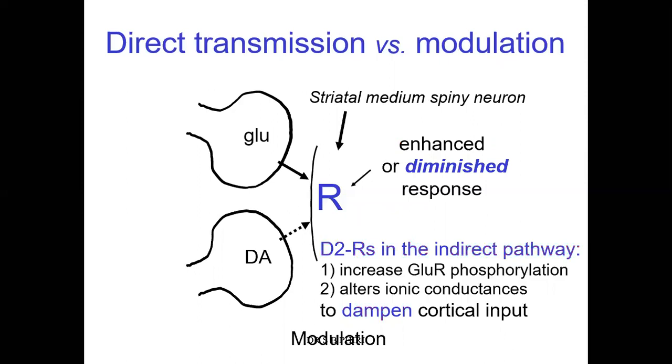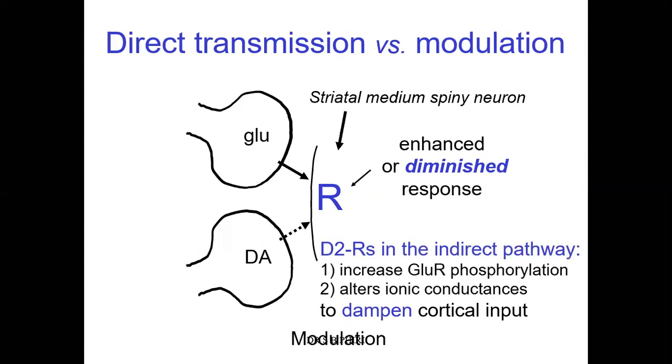But via D2 receptors, it's the opposite. The D2 receptors in the indirect pathway are going to increase the glutamate receptor phosphorylation as well, but this is going to alter the ionic conductance. It's going to reduce the ionic conductance of the glutamate receptors.